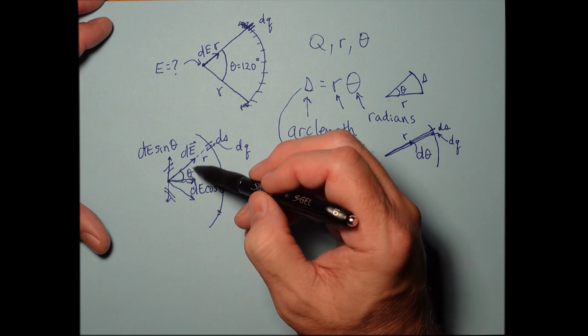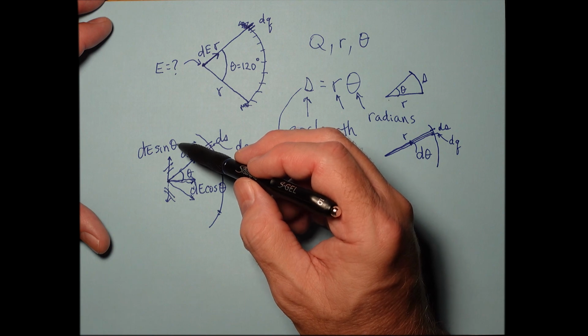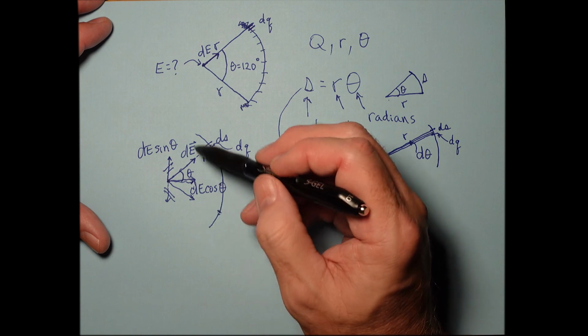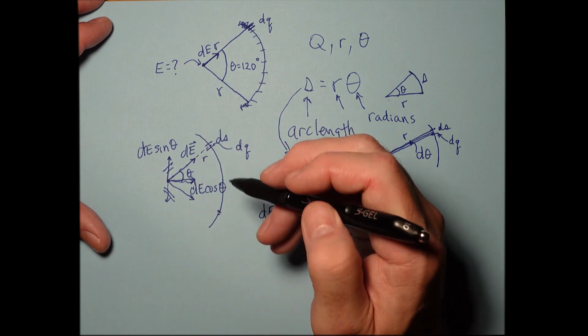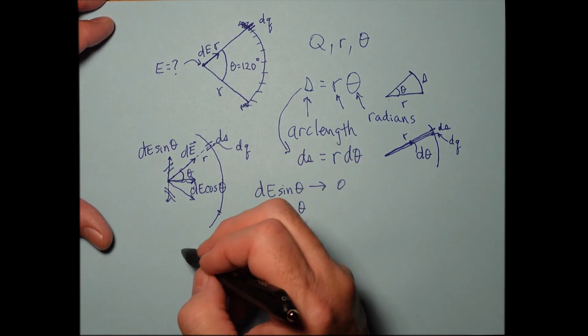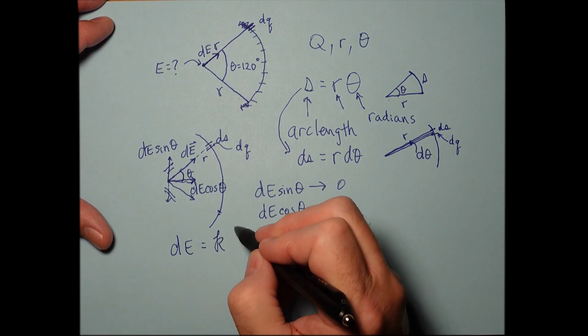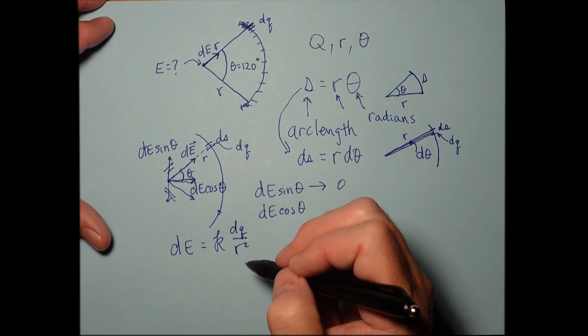So theta, depending upon how we integrate it, is going to have to go from 60 degrees to negative 60 degrees, or what is that, pi over 3 to negative pi over 3. All right, so our dE itself is k dq over r squared.